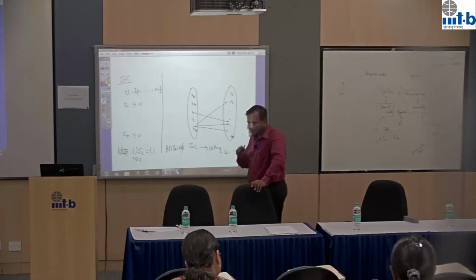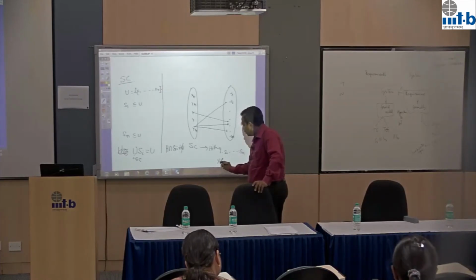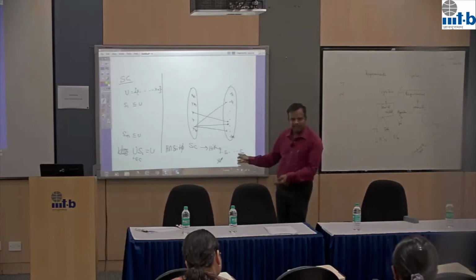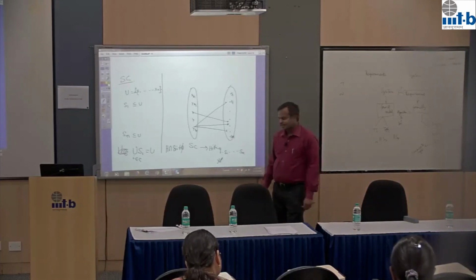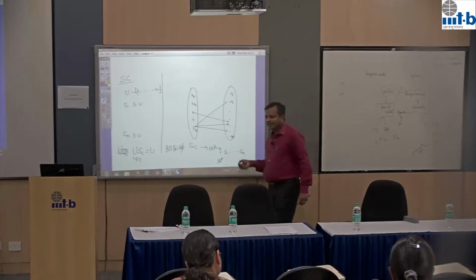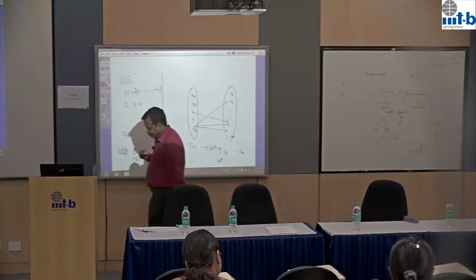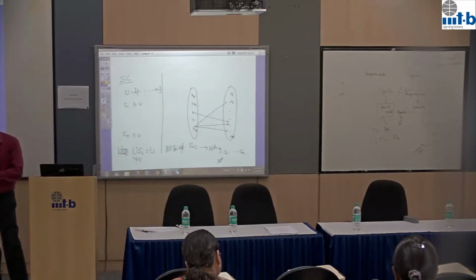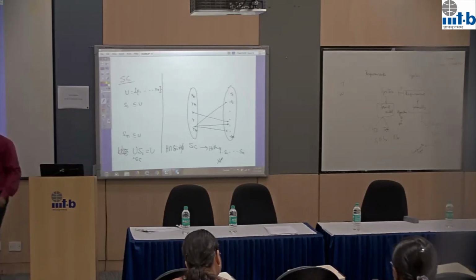What are the sets now? I'll write it as the capital S1 here. The small s1 will essentially map to the corresponding sets here. So I'll write x1 here, which is a set here. Sets are elements.